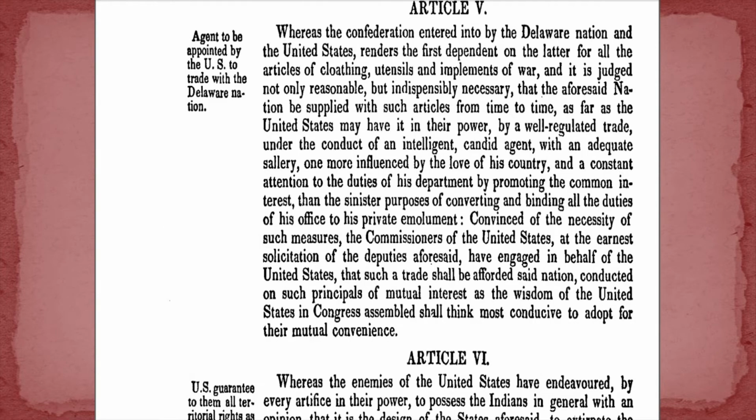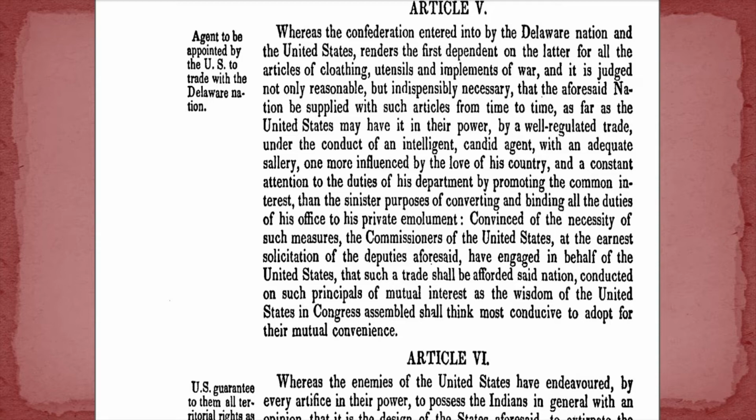You can see that there is already an agent to be appointed by the United States to trade with the Delaware Nation. Again, we see, even back in 1778, the beginning of that trust relationship. Right? You have to go through the federal government to deal with Indian nations.